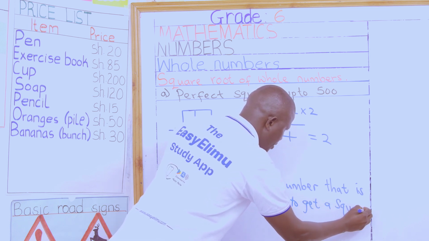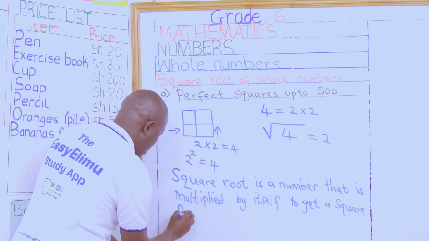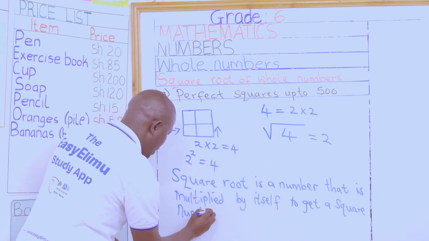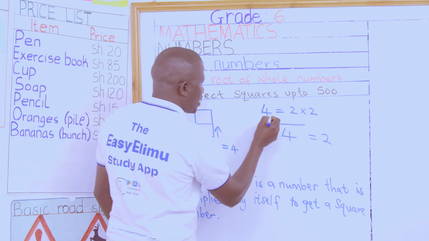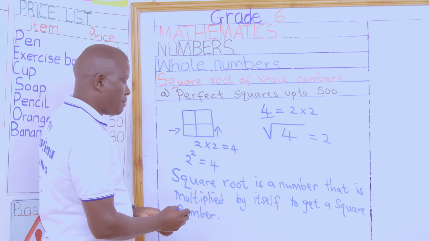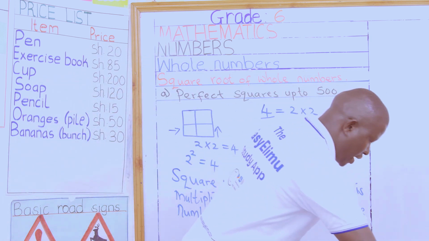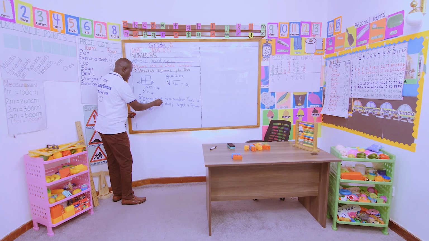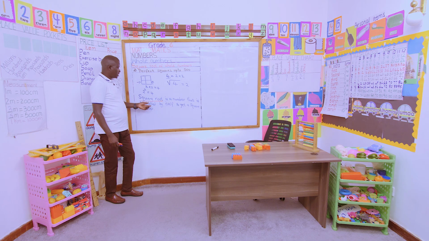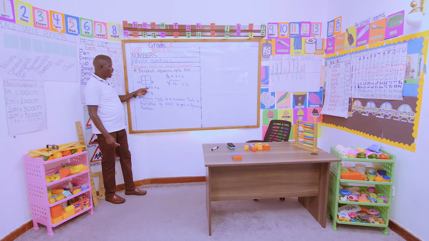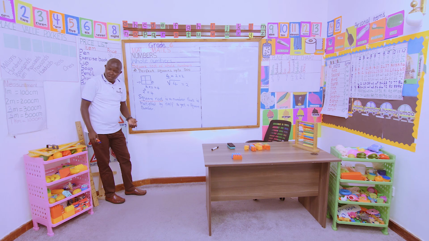In our case here, the square number was 4. The number that I used to get the square number is what I call the square root. The number itself was 2. When I multiplied it by itself, I got my square number 4. So that number is what I call the square root.